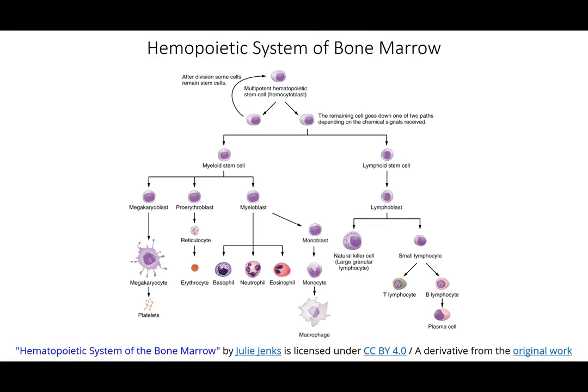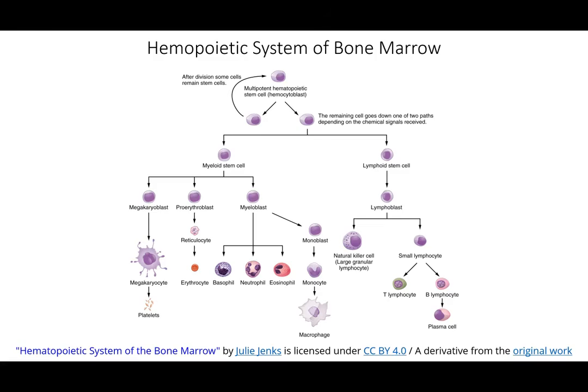After birth, it is going to be pretty much exclusively in that red bone marrow, especially in adults, mostly the cranial and pelvic bones, as well as the vertebrae, sternum, and the proximal epiphysis region of both the femur and humerus. In adulthood, the liver and spleen do keep their ability to generate the formed elements.